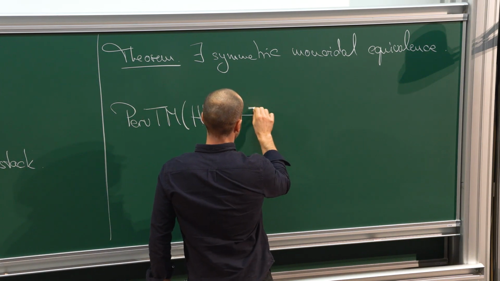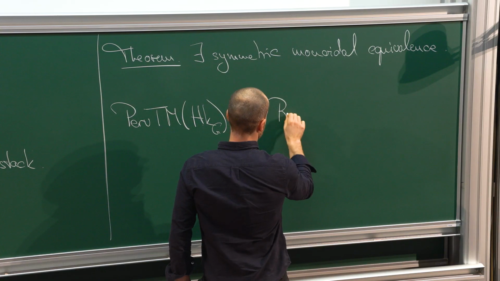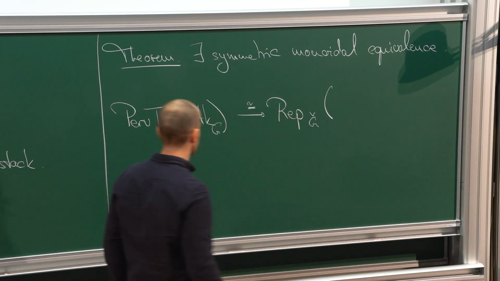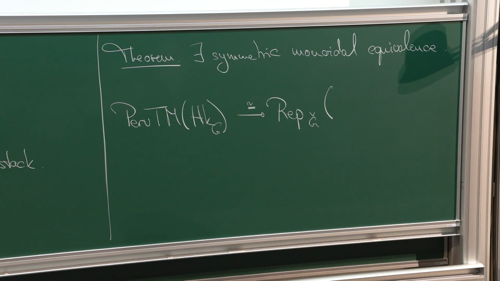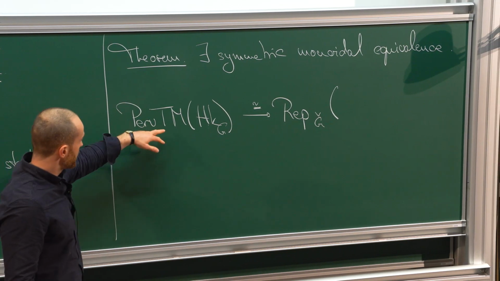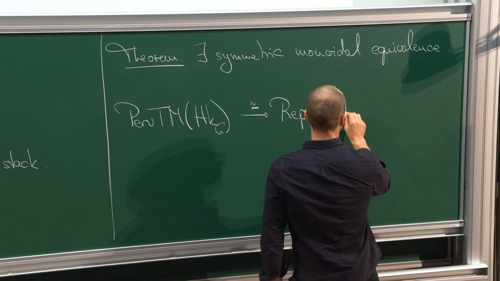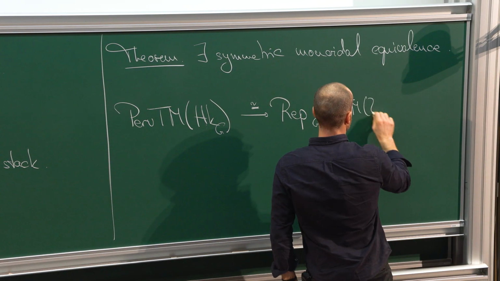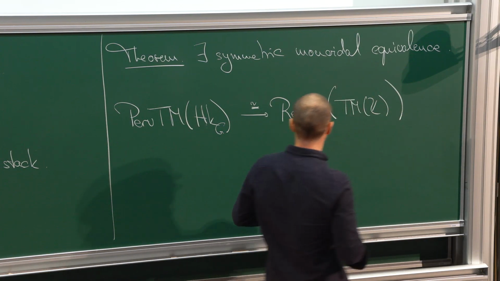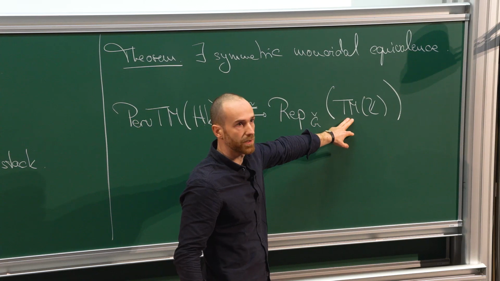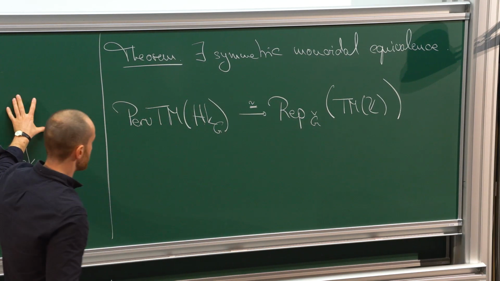And what appears on the other side are representations of the dual group, but now in which category? Namely here the base category is Tate motives on the spectrum of the integers. So these are representations of this group internal to that category.